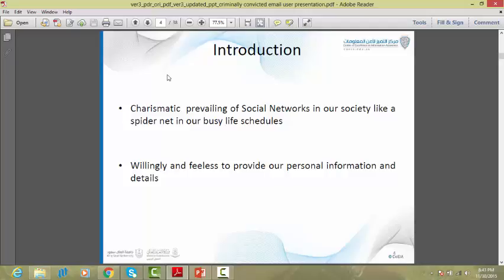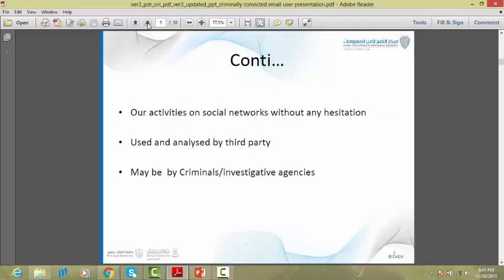The charismatic prevailing of social networks in our society is like a spider net in our busy life schedules. There are some social websites, for example Facebook, Twitter and Orkut, etc. Willingly, we provide our personal information and details. We upload everything over there: our photographs and our personal information on such social websites, right?